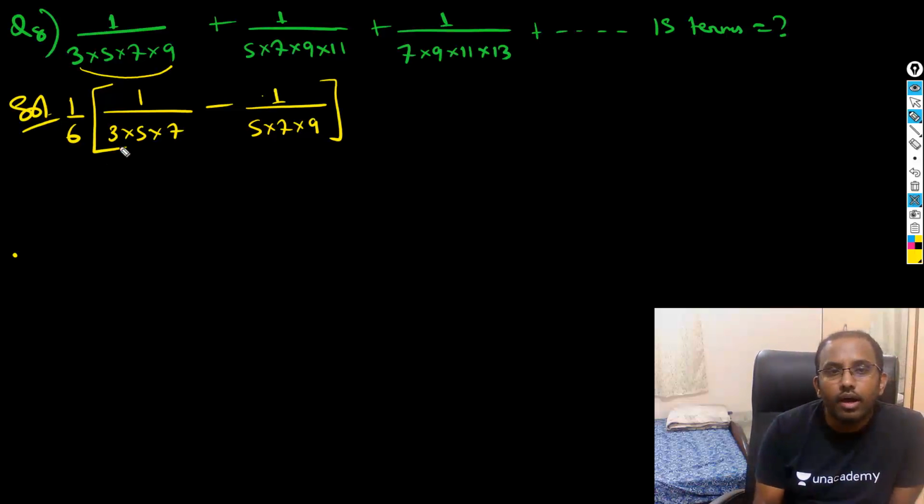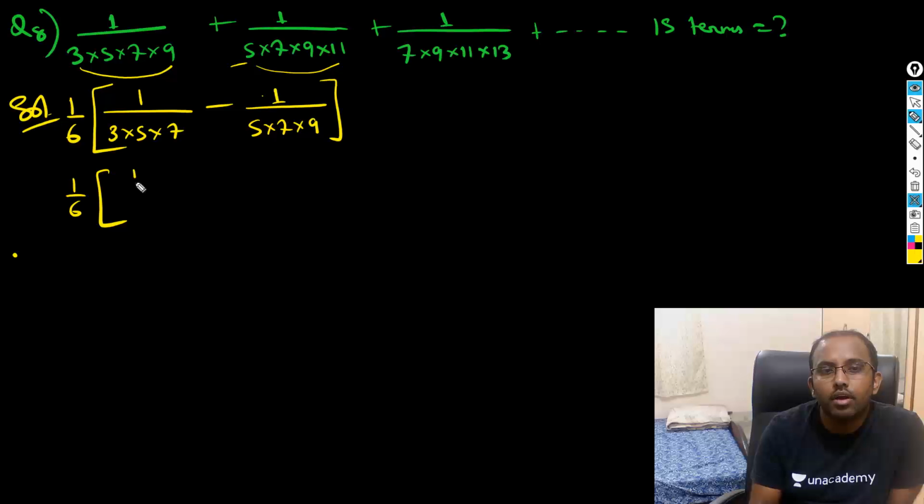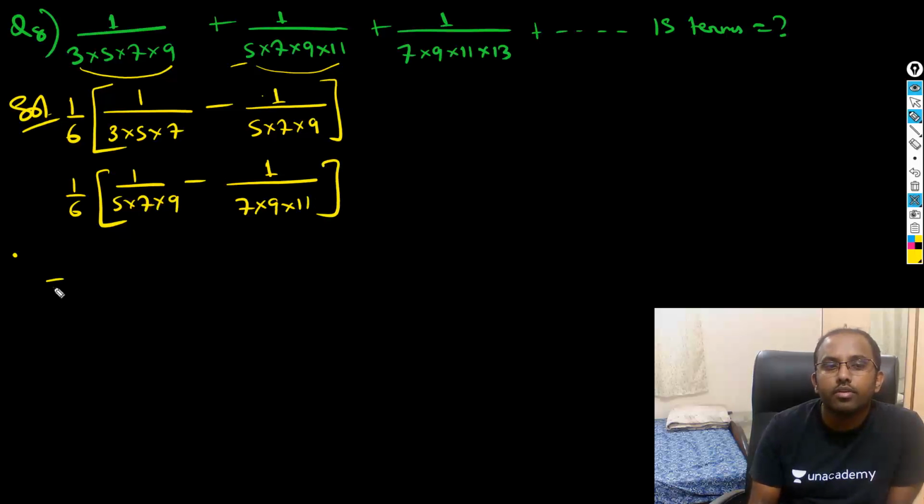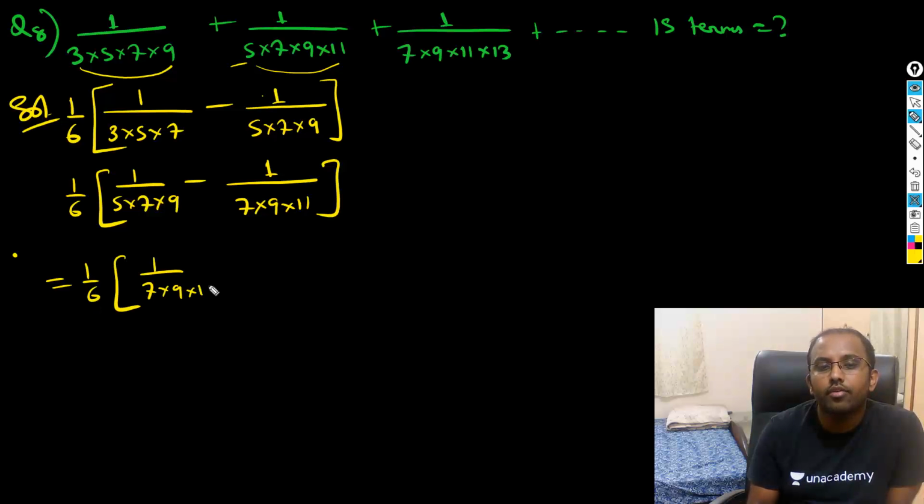So again I can take 1 by 6 outside, with 5 and 11 gap being 6: 1 by 5, 7, 9 minus 1 by 7, 9, 11. Then it is 1 by 6 times 1 by 7, 9, 11 minus 1 by 9, 11, 13.